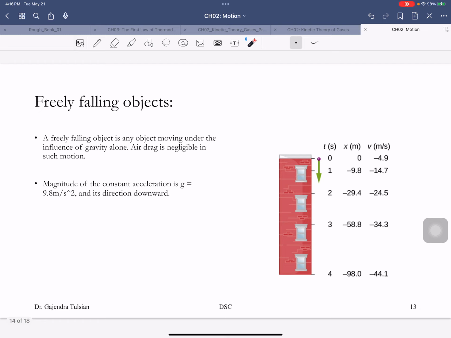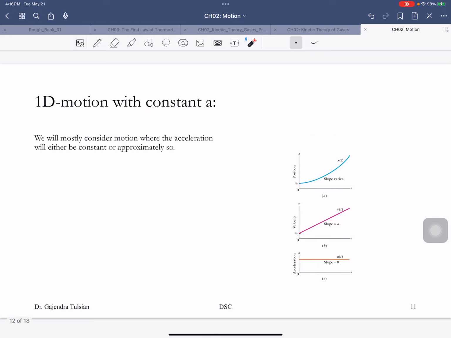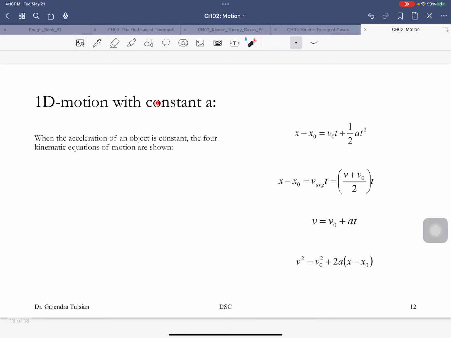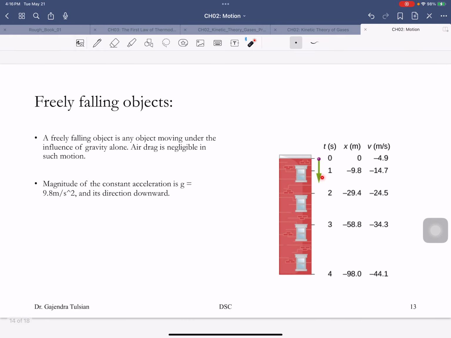Now here is motion where you do see constant acceleration. Constant acceleration is really something you don't experience for too long in real life. So you might experience constant acceleration for 2 or 3 seconds. But here's an example where you can experience constant acceleration.